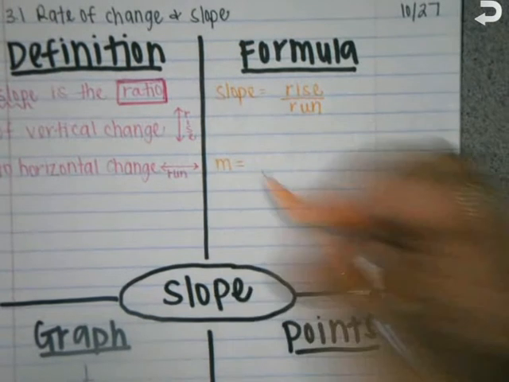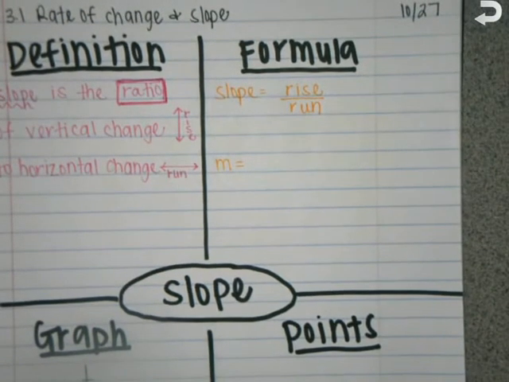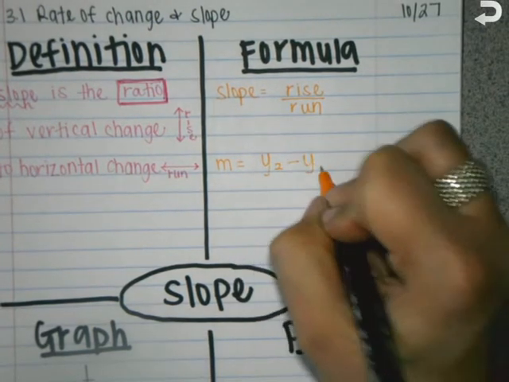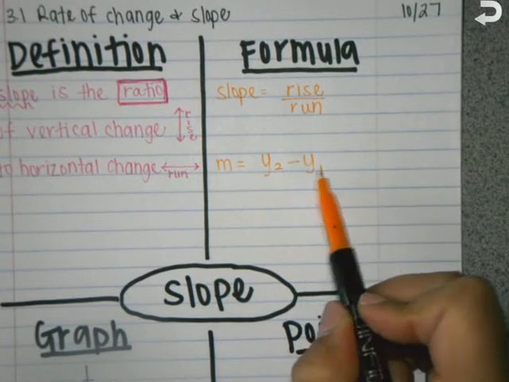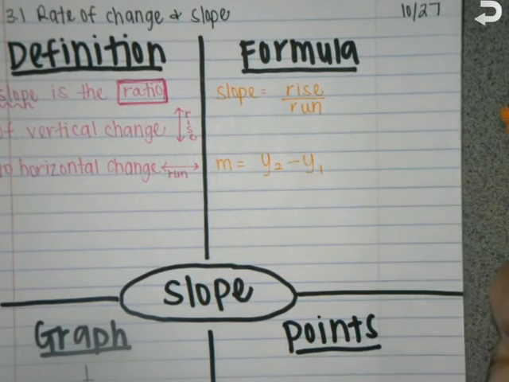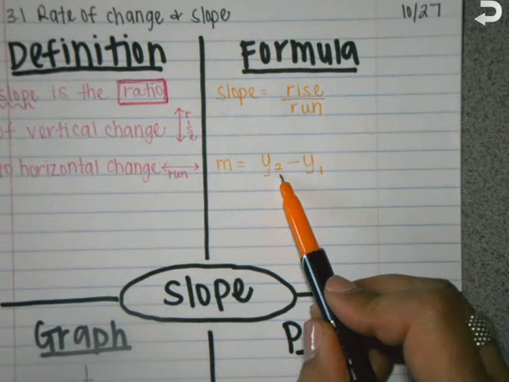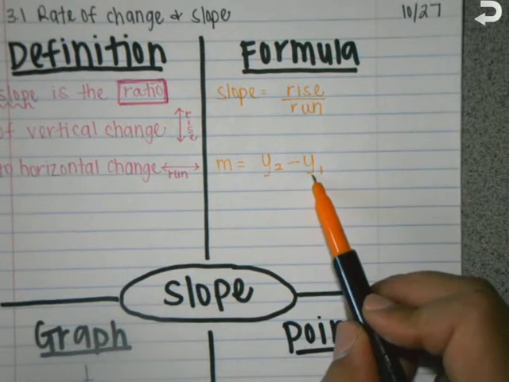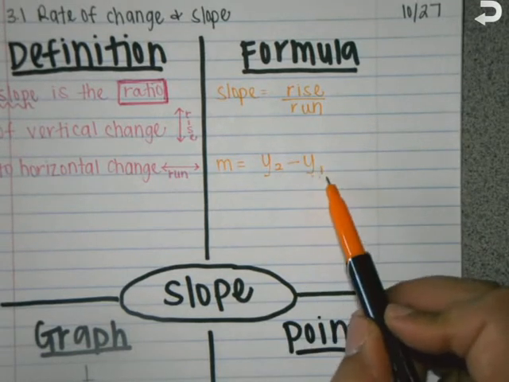Here's your slope formula. Now, if we are counting the vertical change, the rise, is that the y values or the x values? Y values. So we say y2 minus y1. These are not exponents. These are subscripts, which identify what point it's coming from. So y2 means it's the y coordinate from the second point. y1 means it's the y coordinate from the first point.